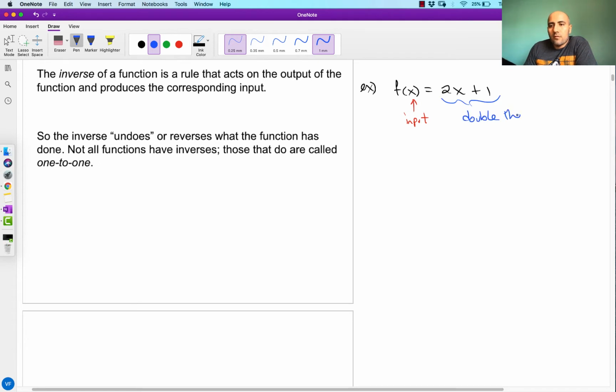Double the input and then add 1, and then out will come your output.